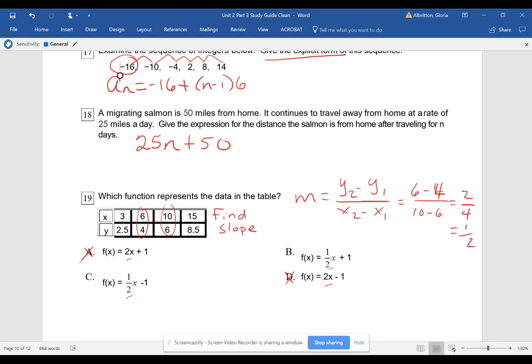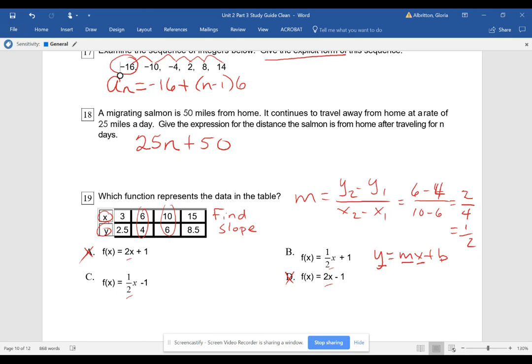If I want to find the y-intercept, and remember the y-intercept is b, I can solve for b. What that means is I need to fill in a y. I have the slope and an x. Where can I get a y and an x from? The table. See? So I can pick any one of these points again, plug them in place of the y and the x, put the slope in there, and then solve for b.